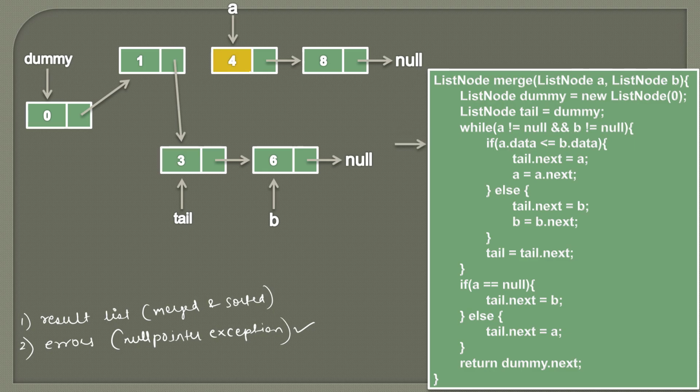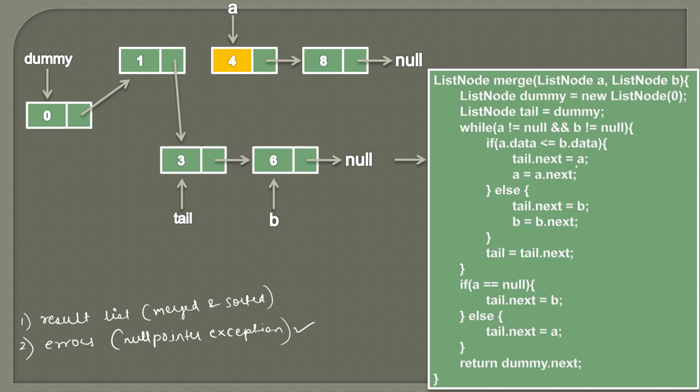Now A dot data, which is 4, and B dot data, which is 6. So we are comparing 4 and 6, and we are checking whether 4 is less than or equal to 6 or not. So this condition comes out to be true because 4 is less than 6. And as 4 is less than 6, the next node after 3 would be 4.